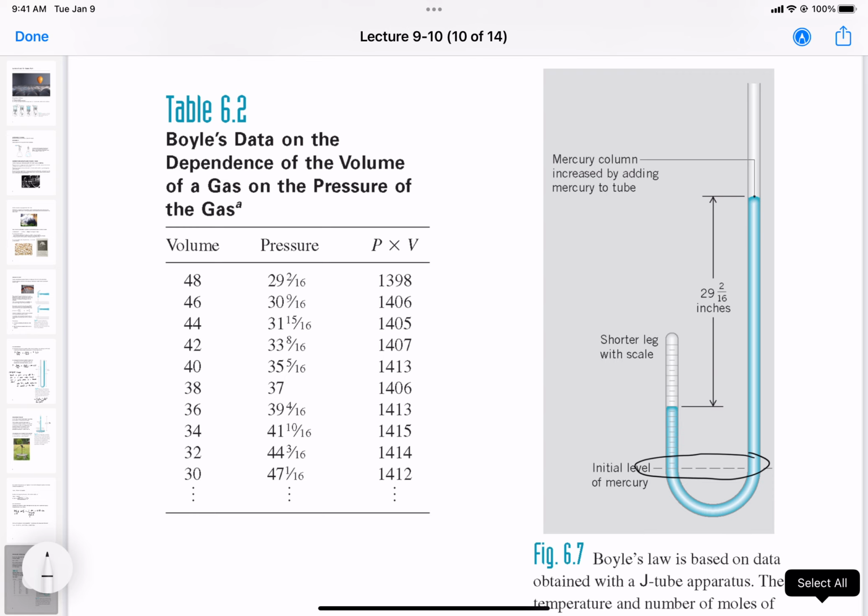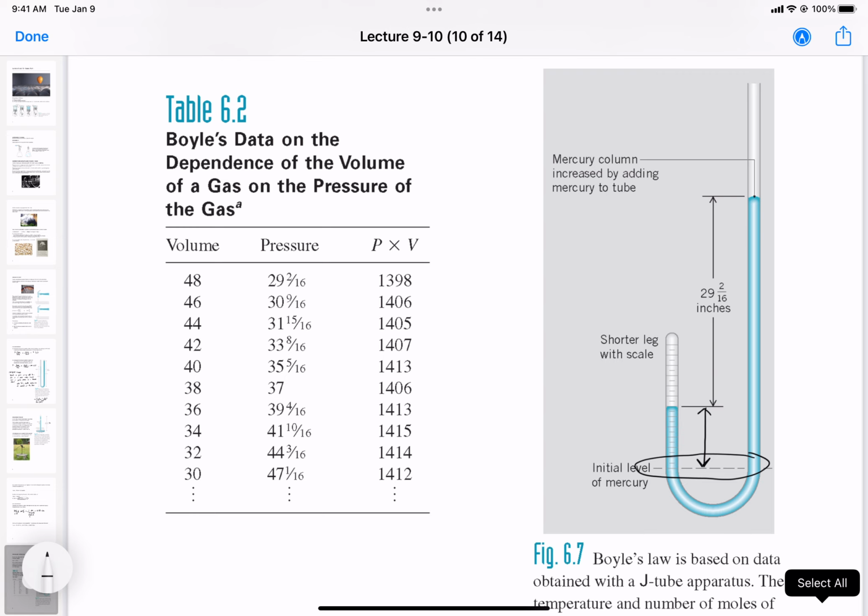That increases the pressure due to gravity, so the pressure in the tube is going to increase. Since the tube has a known volume, the volume is now decreased, and the pressure increases because we've added more mercury. More mercury means you're going to feel a bigger pressure due to gravity.